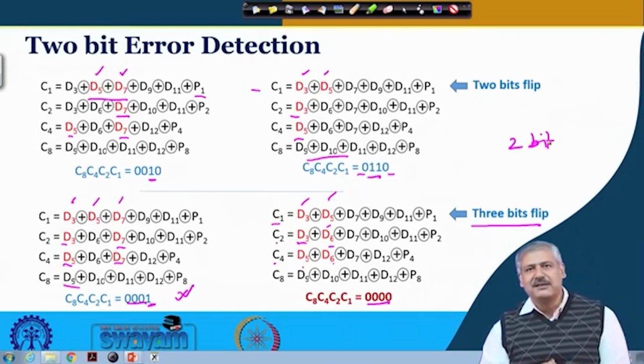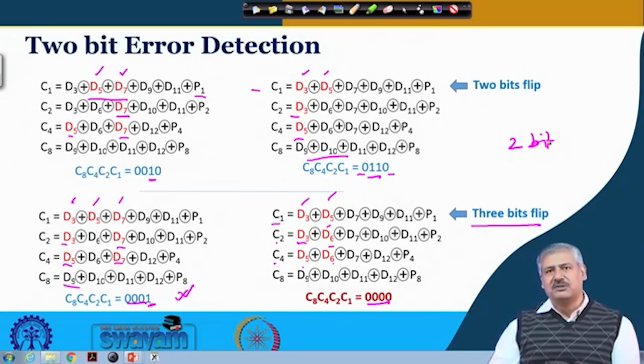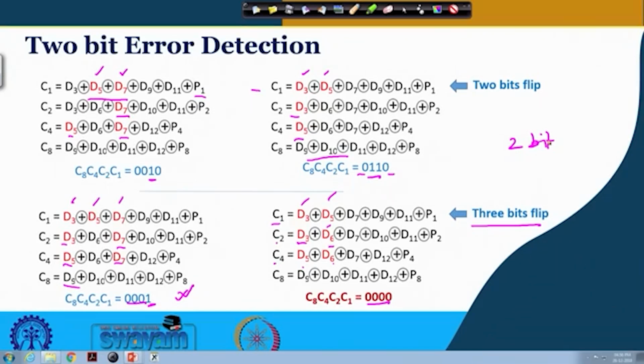So, this is the basic premise of error detection and error correction, and the relation between Hamming distance and the number of bits it can detect and the number of bits it can correct. There are many other options available.